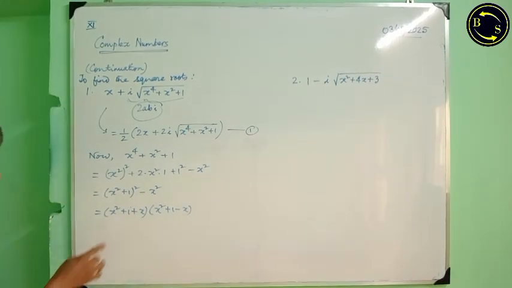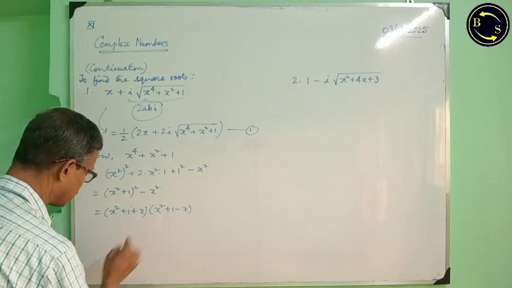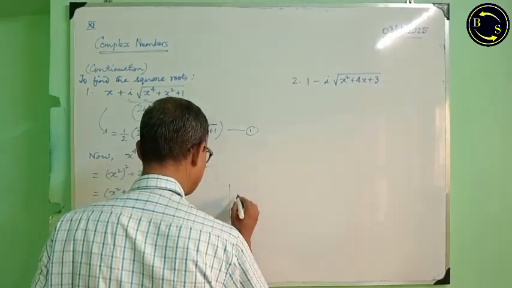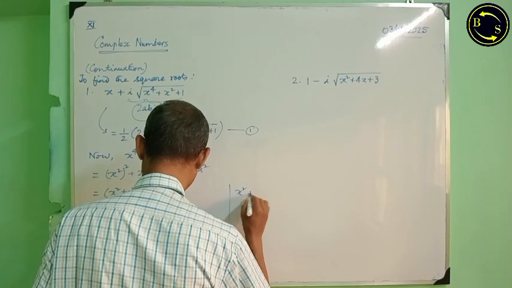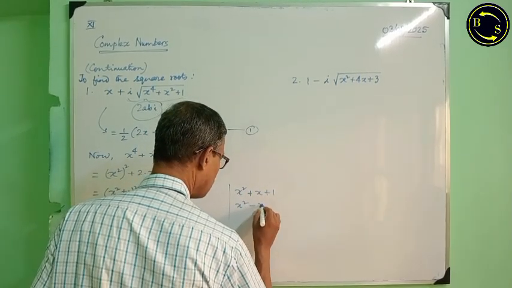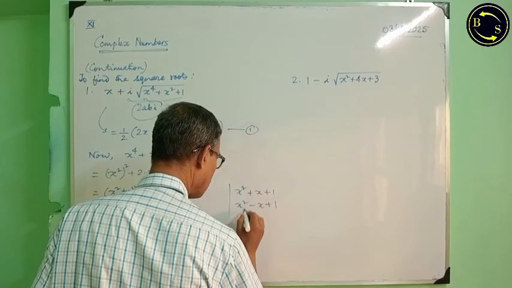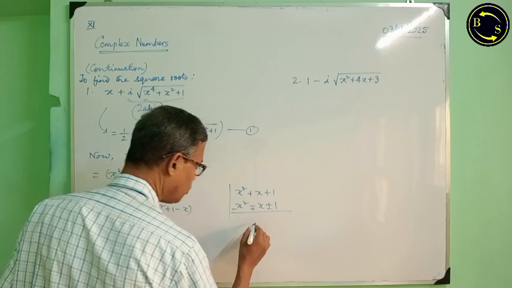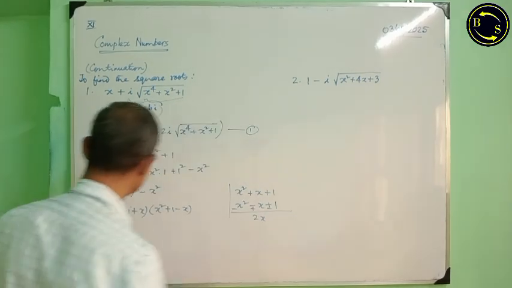Now you note the difference of these two factors. You can show that on the right side. What will be the difference? 2x.